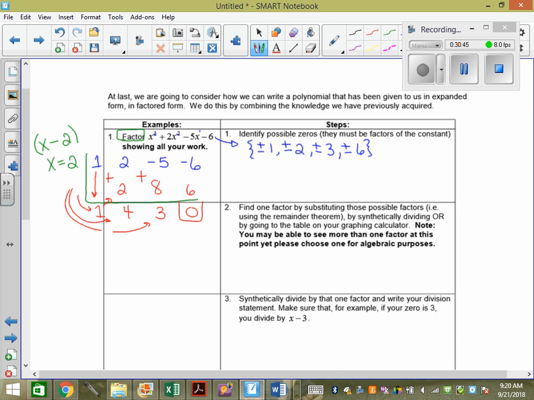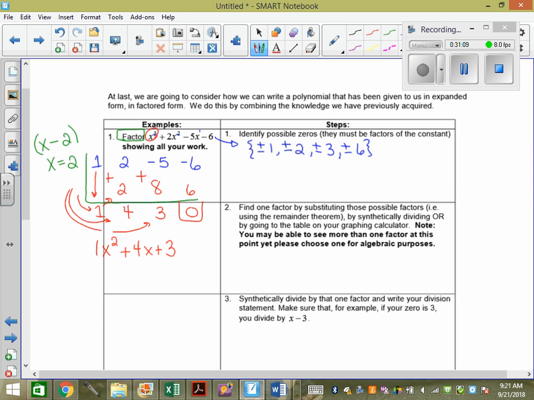So have we factored it completely now? No, we need to write out the quadratic. Our quadratic is 1x what? Squared, because it's always 1 less. So this is an x cubed, so it's going to be 1x squared plus 4x plus 3.